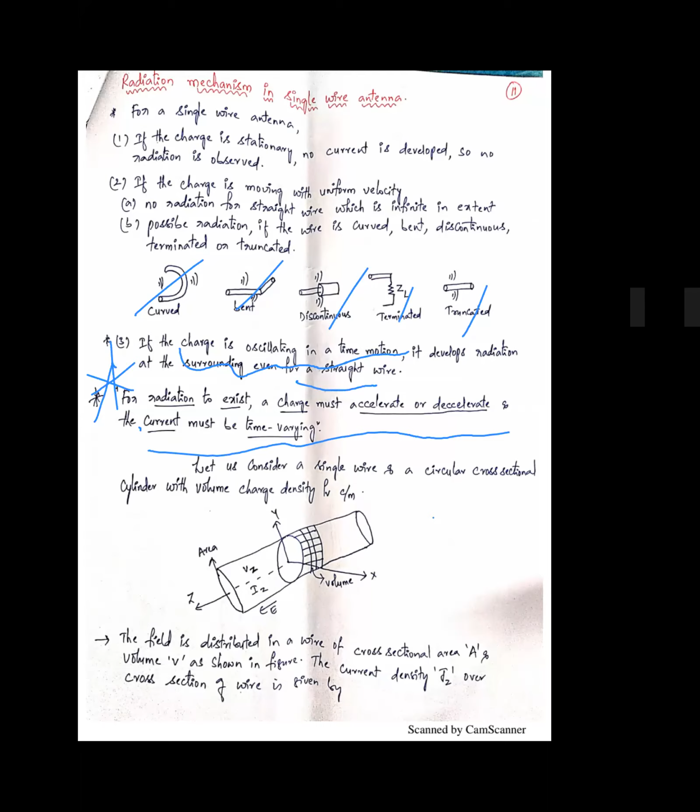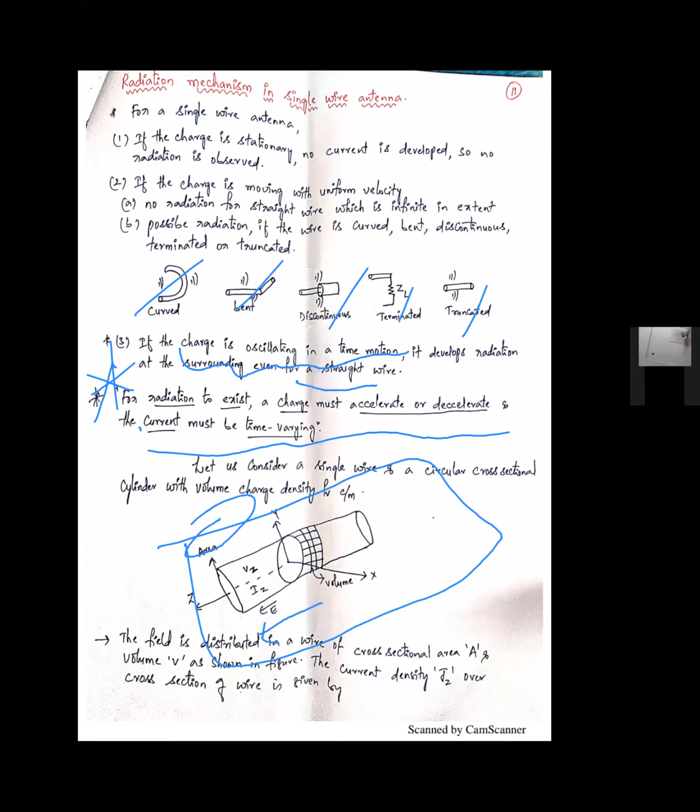Now I have considered a cylindrical surface here. You can see the figure, divided into three axes, X, Y and Z. Here I have written some area. I am supposing that the electric field is along the Z direction. Similarly, current is along the Z direction and velocity of those charges is also along the Z direction.